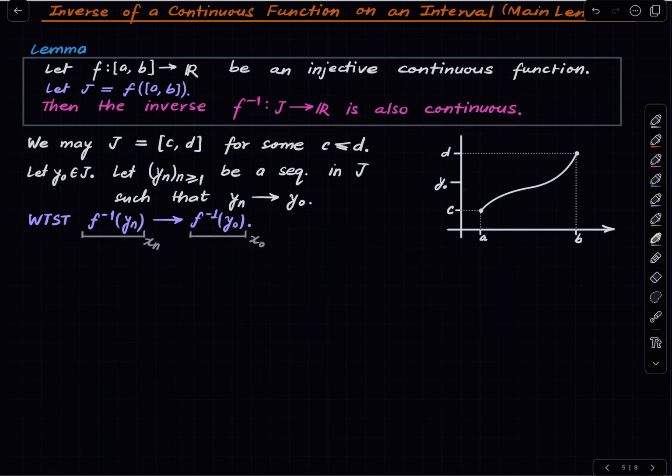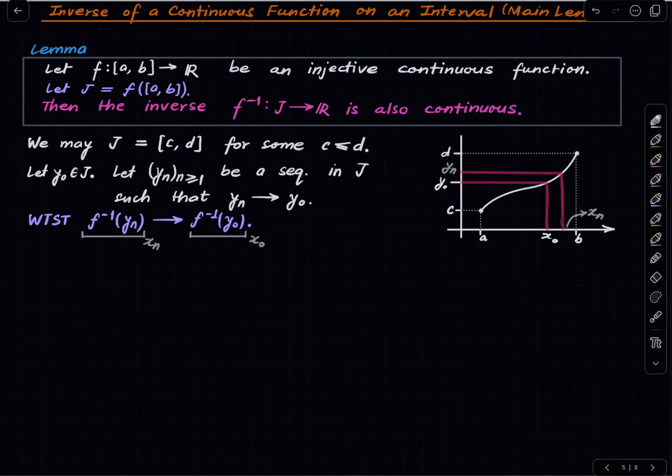And let me also denote things in the figure. So here we have x0, and let me also draw one thing for yn. This is yn, maybe a different color would be better. And this is xn. Okay, so yn is converging to y0. We want to show that xn converges to x0.